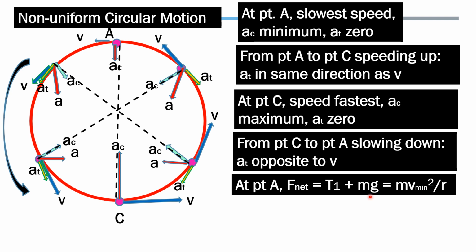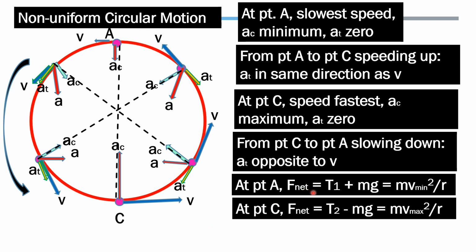We'll come back to that after we also describe the net force at point C. At point C, since the force of gravity is opposite to the tension force, to get their vector sum, we simply subtract: tension T2, which is directed upward, minus the force of gravity, or mg, which is directed downward. But then again, we equate it to mv squared over r.